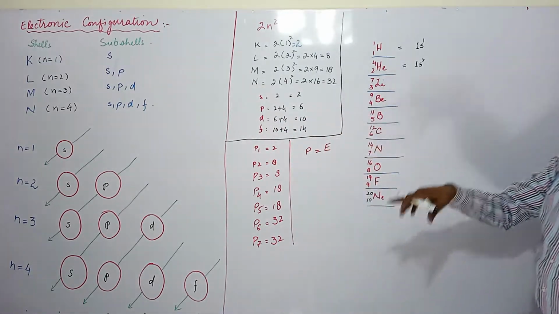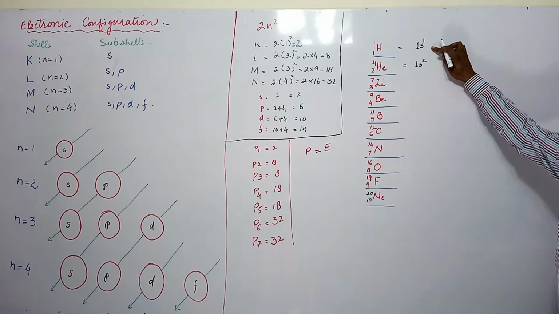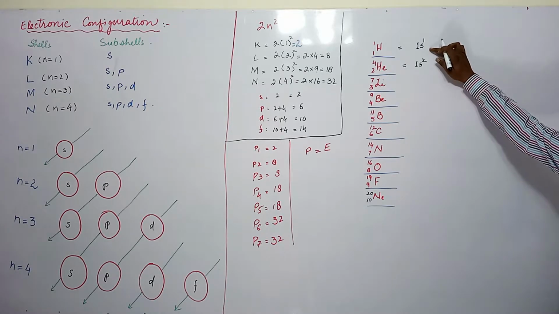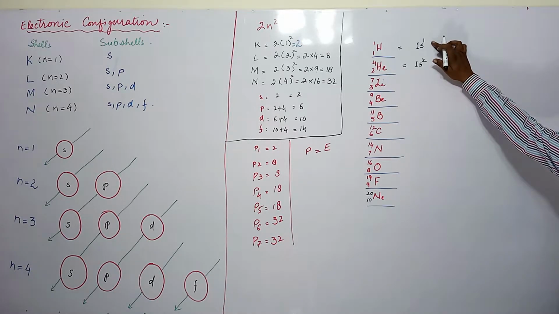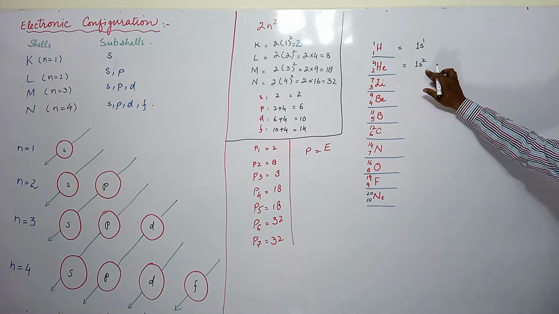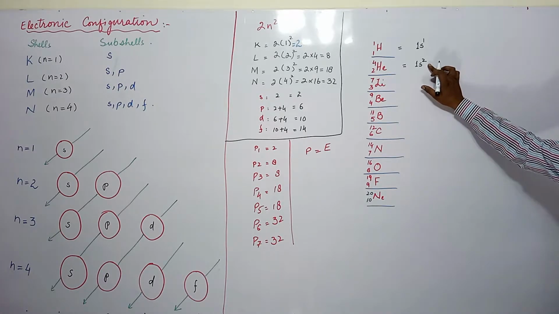So in this way 1s1 mean पहला शेल के अंदर सब शेल s और s के अंदर एक इलेक्ट्रॉन. In case of helium, first shell means main energy level n is equal to 1, quantum number 1, s subshell and 2 electrons are there.